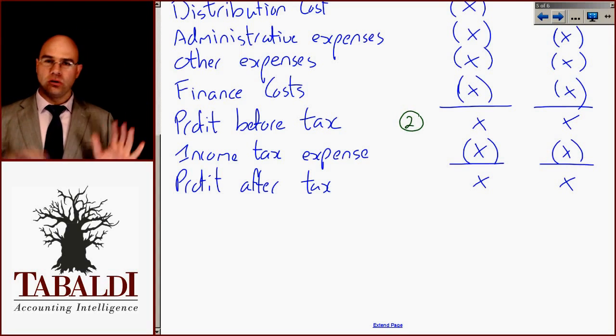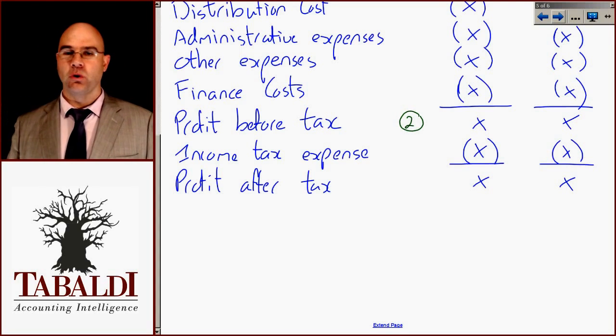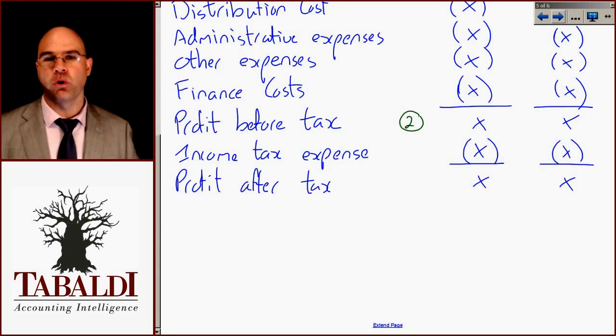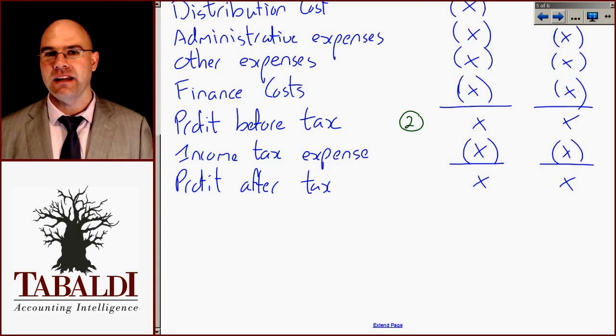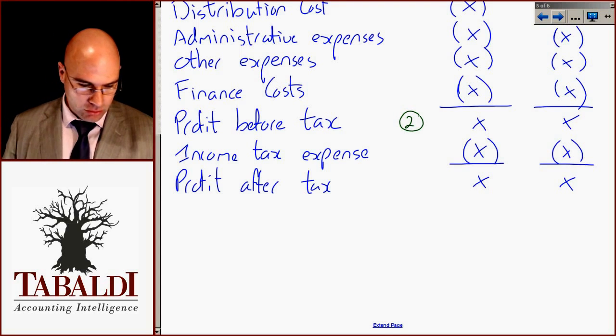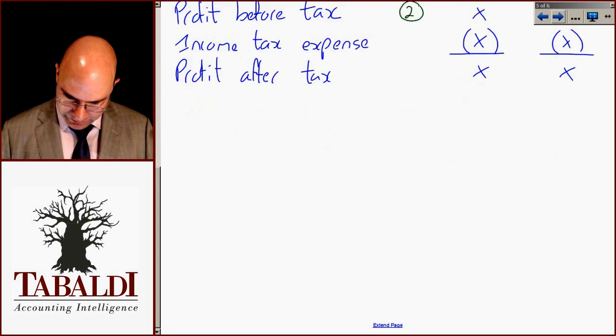Okay, now in the olden days, income statements, as we used to call it, stopped here. But now we've got a new type of income, okay? I like to call it the politically incorrect income, income that I shouldn't be using for valuations, etc. And that is going to be called other comprehensive income.